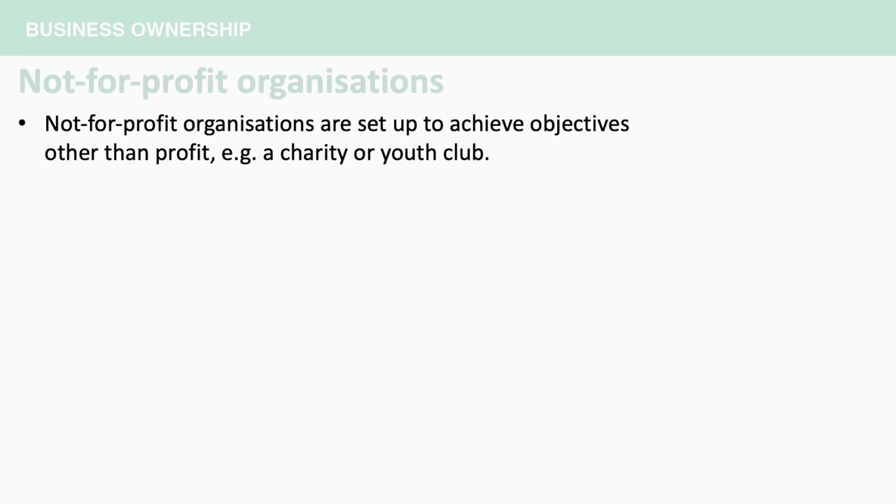So we have covered sole traders, partnerships, private limited companies, and public limited companies. Now, the final company is a not-for-profit organisation. Not-for-profit organisations are set up to achieve objectives other than profit, for example, a charity or youth club.